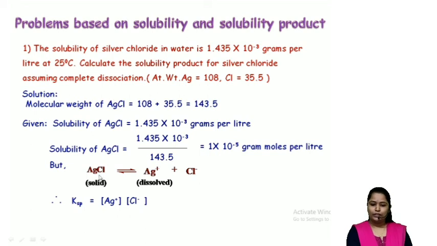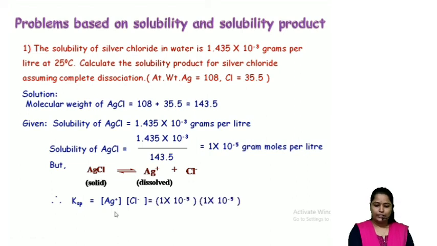That means the solubility of AgCl is equal to solubility of Ag plus, and it is equal to solubility of Cl minus. Therefore in place of concentration of Ag plus we write 1 into 10 raised to minus 5. Here again in place of concentration of Cl minus we write 1 into 10 raised to minus 5 because the salt is completely dissociated.